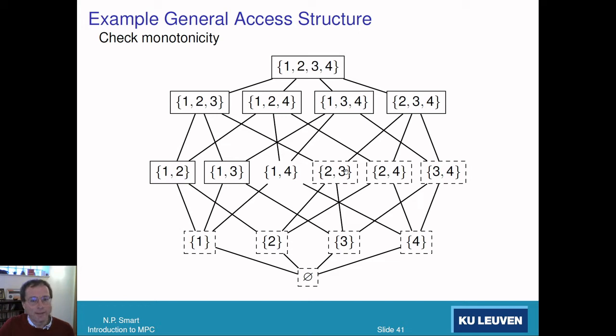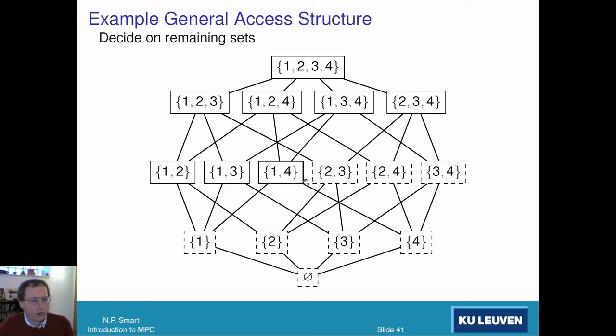So these sets here are all unqualified. We've got one set on its own here for which we haven't made a decision yet. It could either be qualified or unqualified, but it's got to be one or the other. So we're going to make it qualified. We've now defined an access structure.